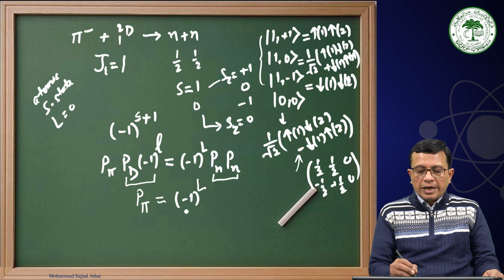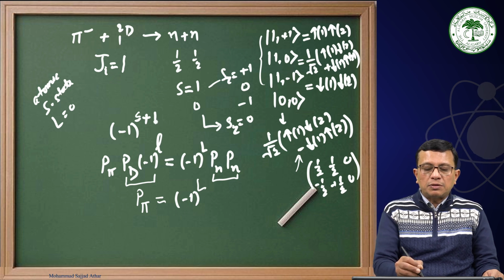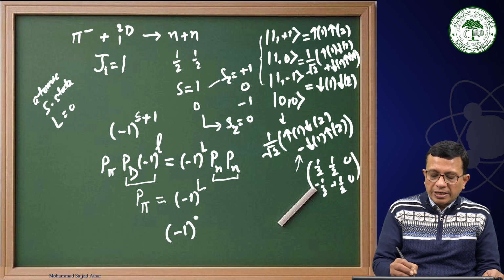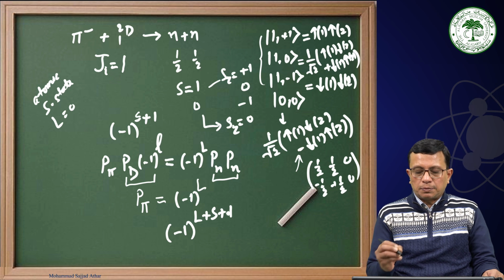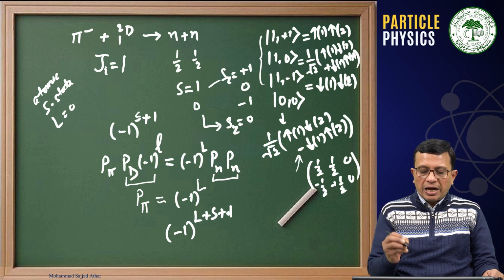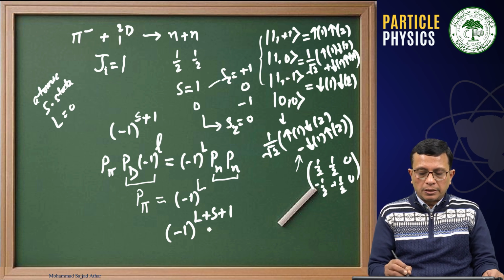Therefore we have a factor of (-1)^L, and with this (-1)^(S+1), an overall factor in the final state of (-1)^(L+S+1). Therefore, the final factor on the right hand side is (-1)^(L+S+1).